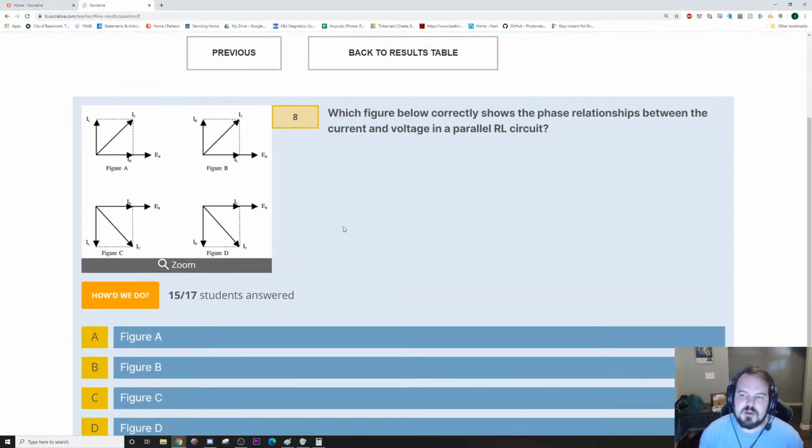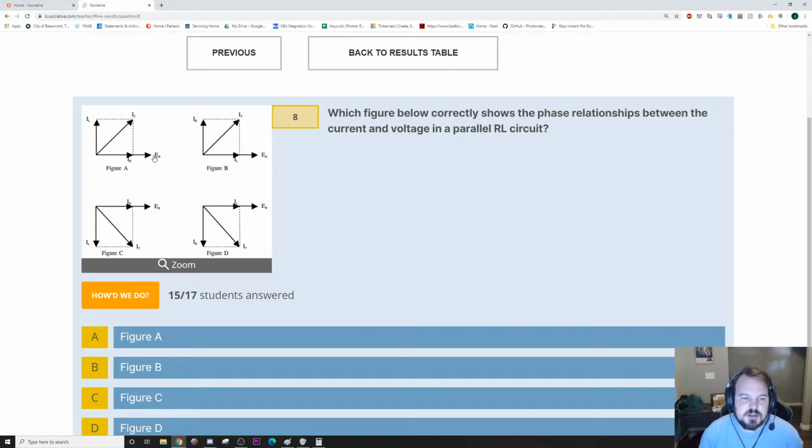Which figure below correctly shows the phase relationships between the current and voltage in a parallel RL circuit? Parallel RL circuit. Well, we know E of R. Okay, in parallel, voltage stays the same, so voltage has a 0 degree.